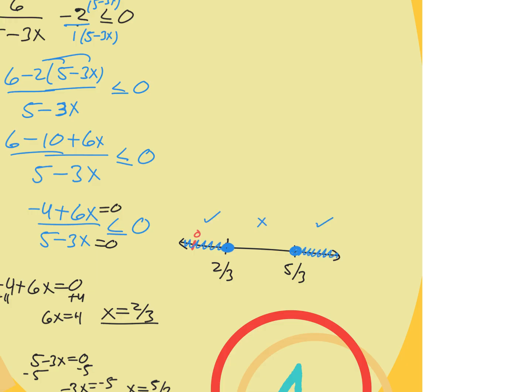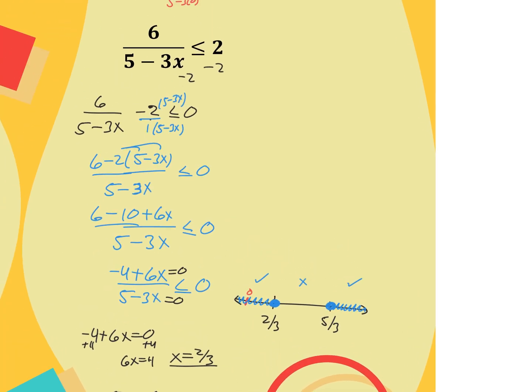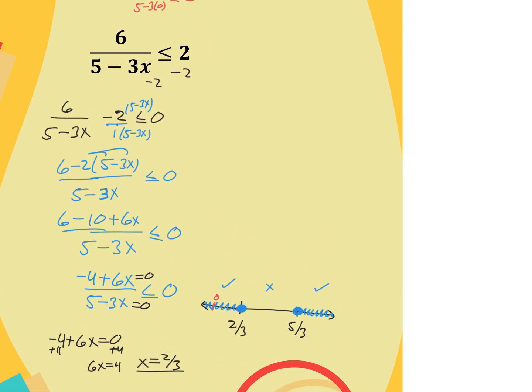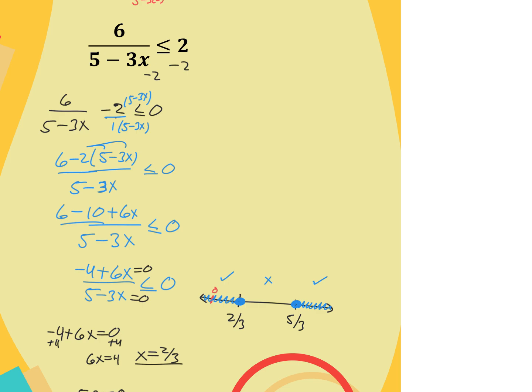Remember, though, with our rational inequalities, or any rational expression, I cannot have 0 on the bottom. We have a domain restriction. And the value of x that makes the bottom 0 is 5/3. When I plug in 5/3 on the bottom, I'm going to get 0. So x cannot be equal to 5 over 3.